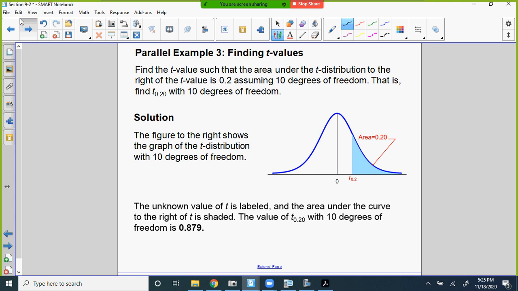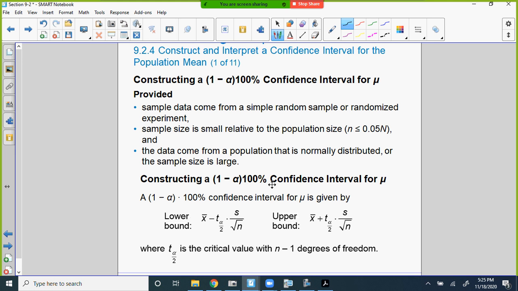All right. So, constructing a 1 minus alpha confidence interval for the mean, the lower bound is x bar minus the t score of the t distribution times s divided by the square root of n.